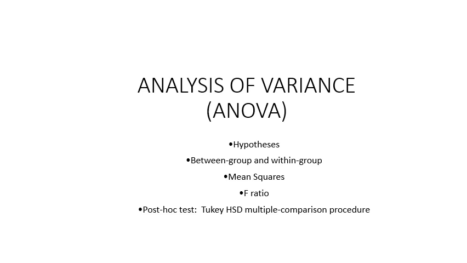When we had a one sample test, we were just looking at one sample, one group, and comparing it to some hypothesized mean. With two samples, we were looking at two different groups and looking at the difference between the groups, how one group compared to the other. Anova is now going to take that to three or more groups. So we're going to look at hypotheses between groups and within groups.